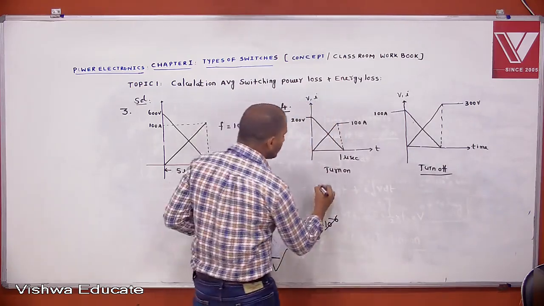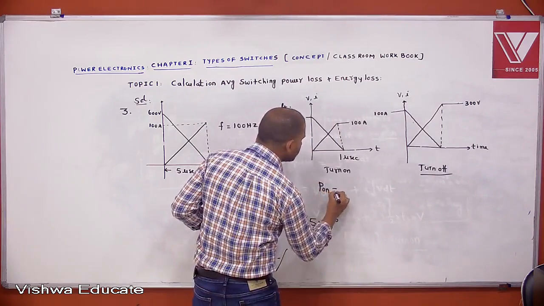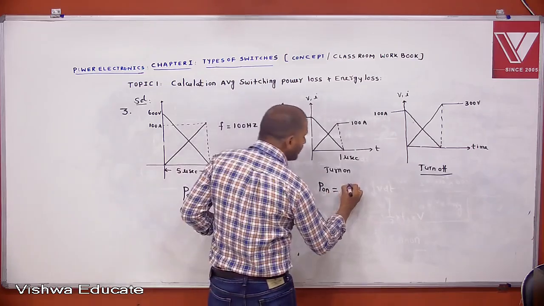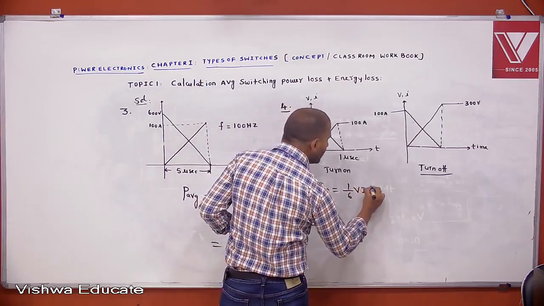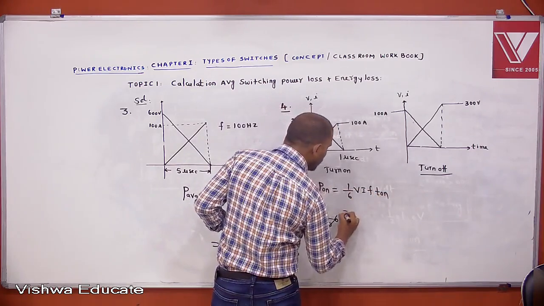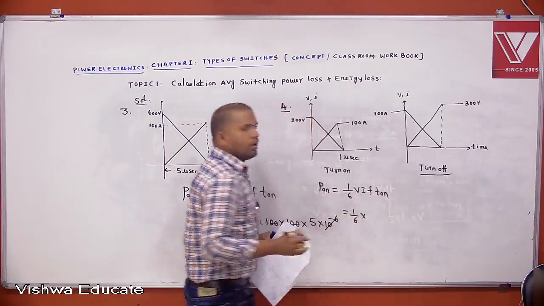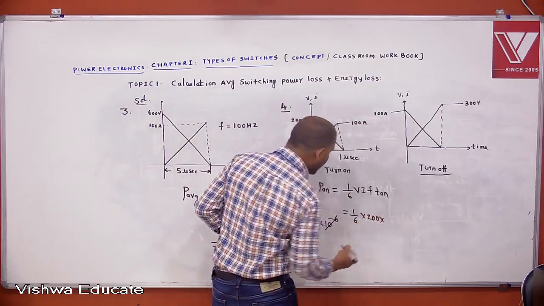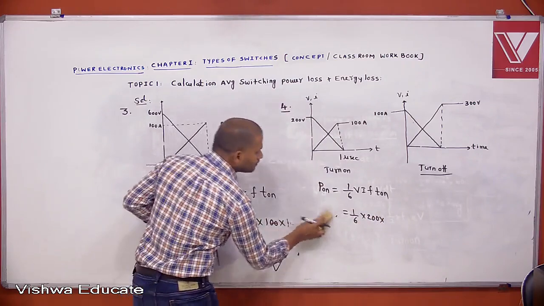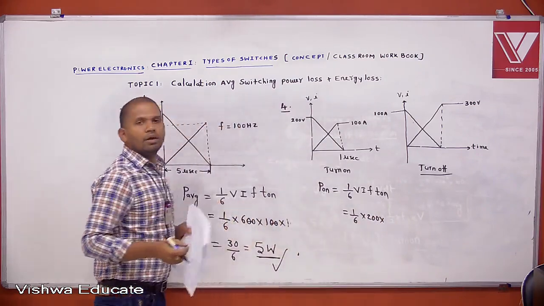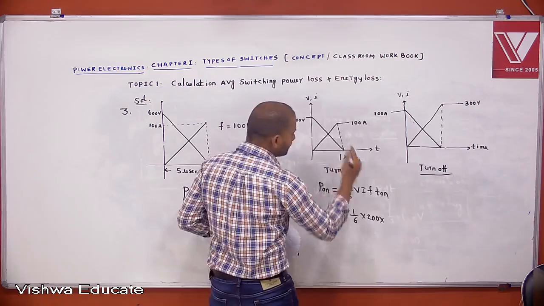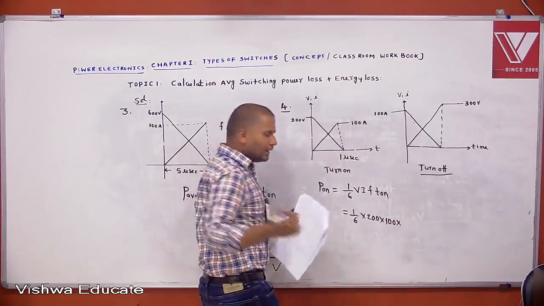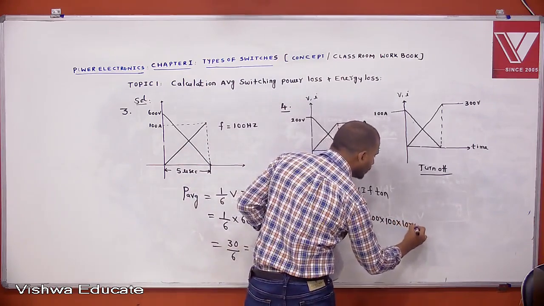Then calculate the on state power loss. On state power loss is 1 by 6 VI F into T on. 1 by 6. What is the voltage? 200. What is the current? 100. What is the frequency? It is given in the problem, 10 kilohertz, 10 into 10 cube.